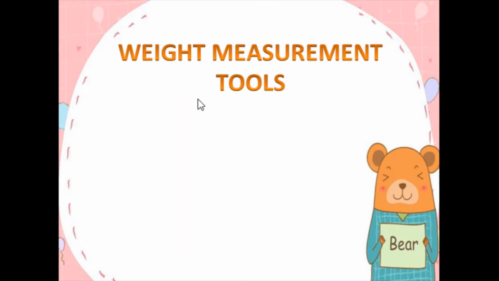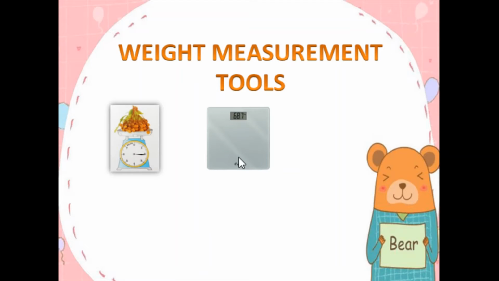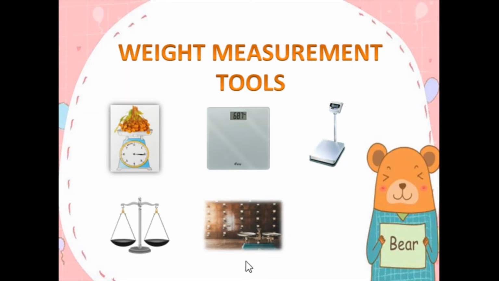Aside from the spring scale, we also have the bathroom scale, the digital scale, balance scale used for gemstone shops, balance scale used for herbal shops, and of course, the last is the platform scale. These are other measurement tools that people can use when getting the weight of certain objects or even people.